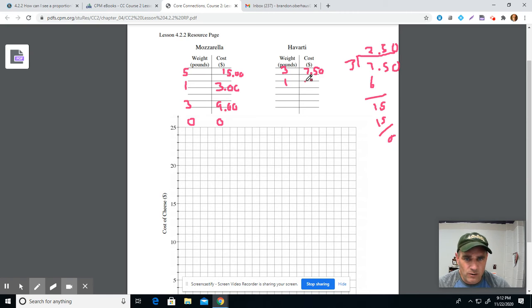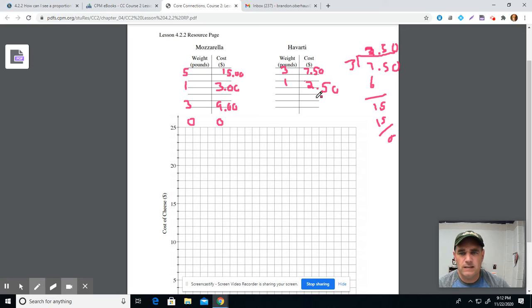So 1 pound is going to cost me $3, and hey, that's not right, is it? Oh wait, not 3, 250. Can't read my own writing up there. That's a 2. All right, so let's erase that. So that's going to be 250.